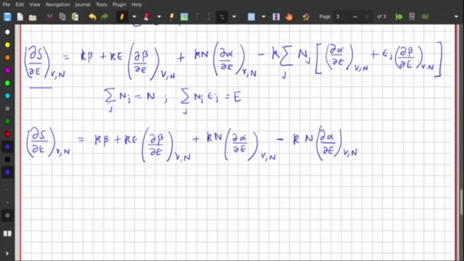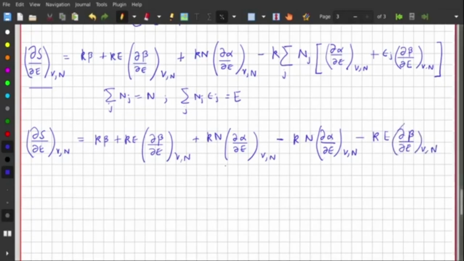The second term is sum over Nj epsilon j, that is e, so this becomes minus k e partial beta partial e at v comma n.